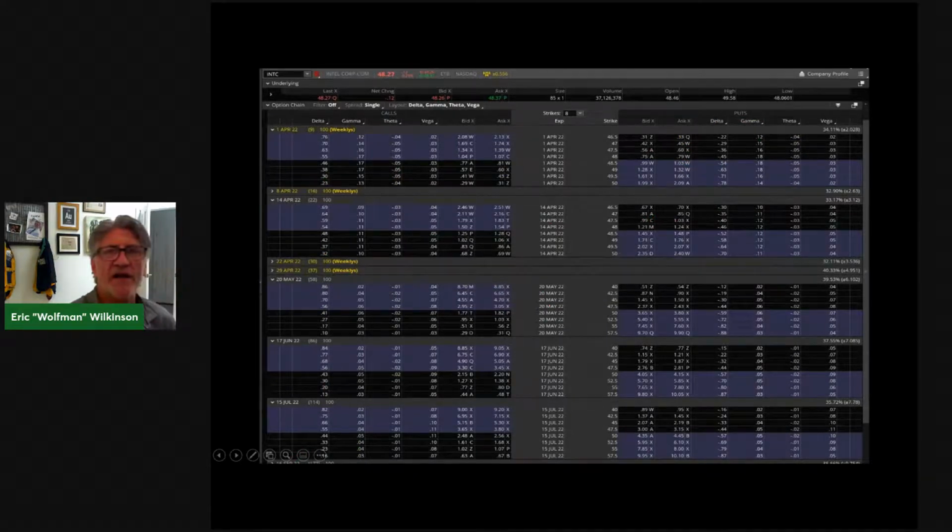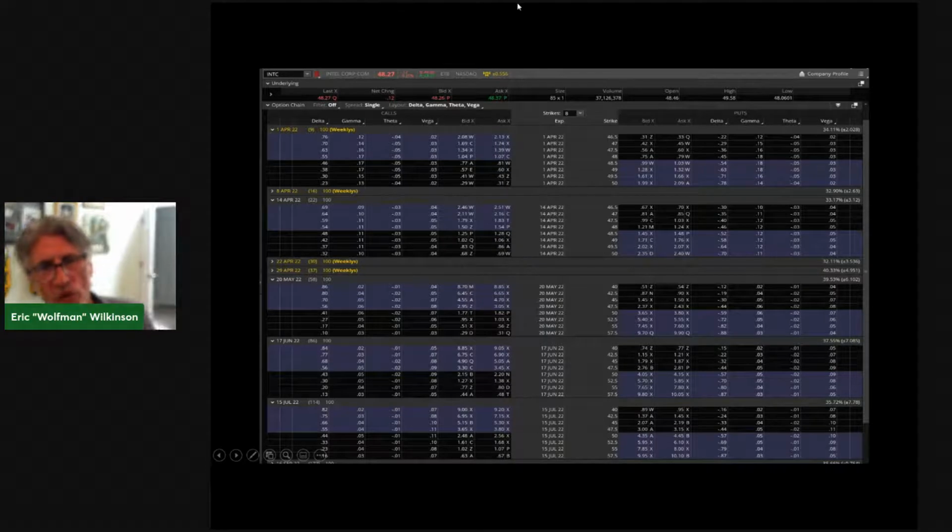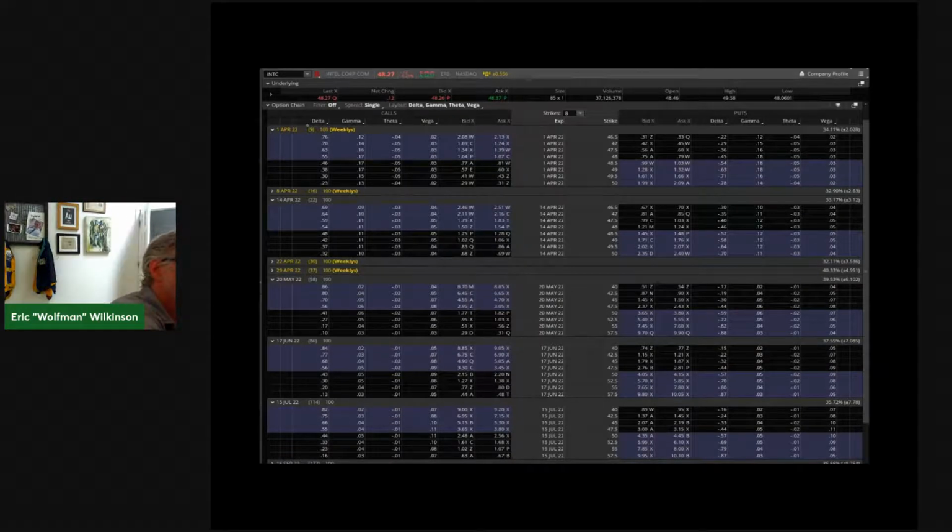Let's take a real life example here. So if Intel is the one that we're looking at for this trade for a bearish move, what is delta? Delta tells us the rate of change to the option. We can see delta is negative on the put side because everything's assuming an advance, not a pullback.